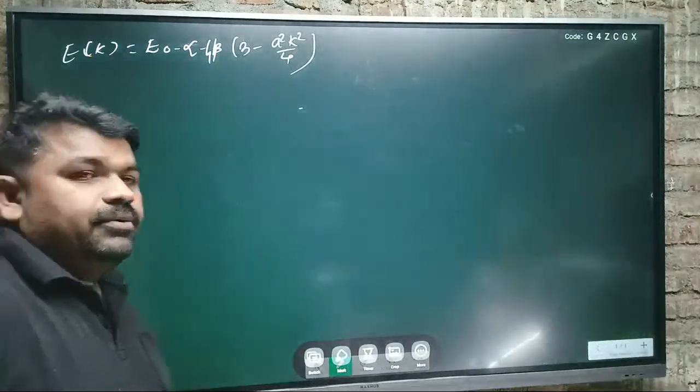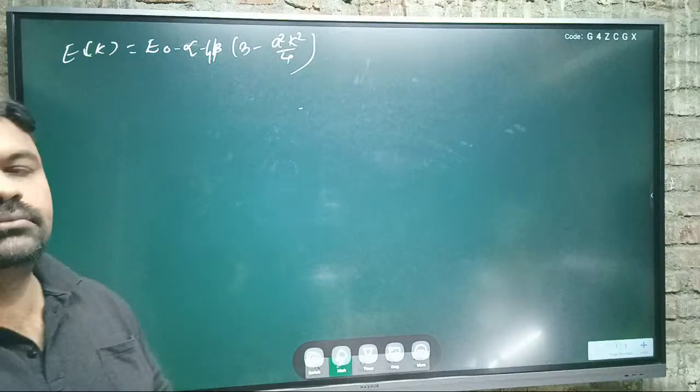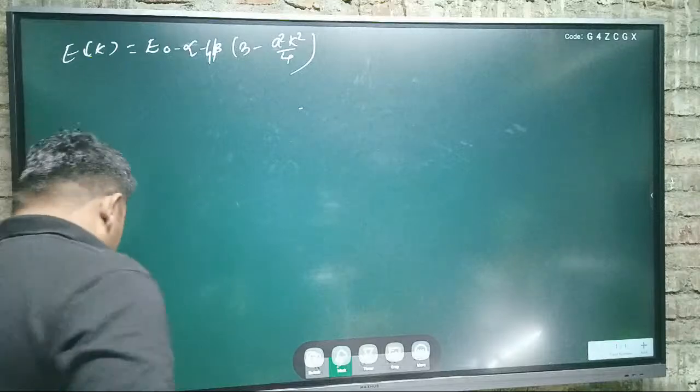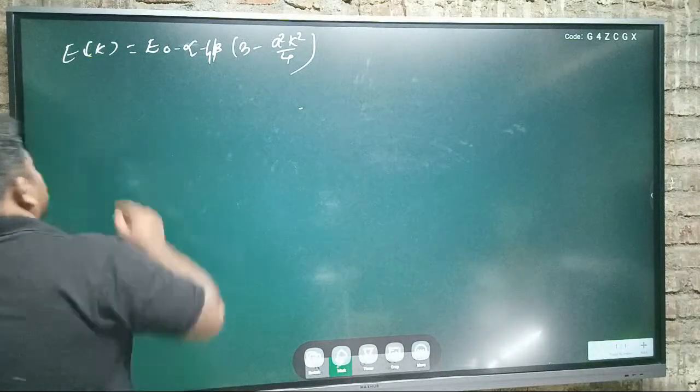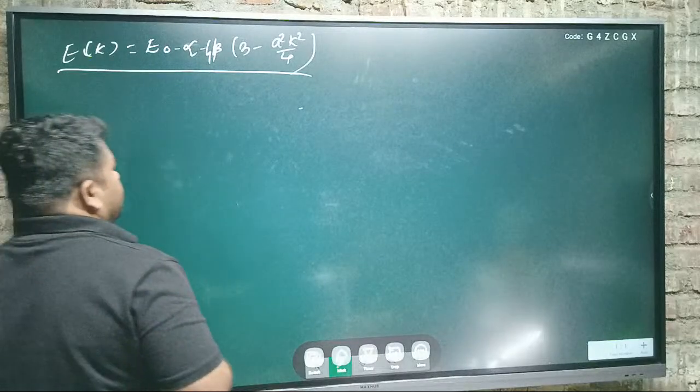This is the energy relation for simple cubic, BCC, FCC. E(k) is equal to how much? This one. Then we find the energy density of states.